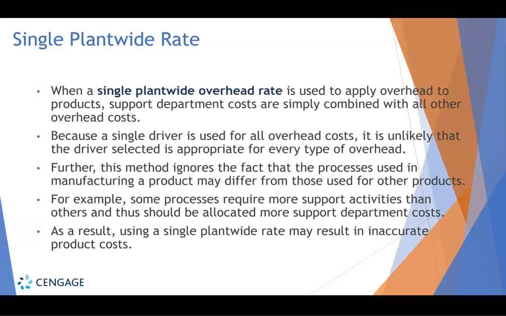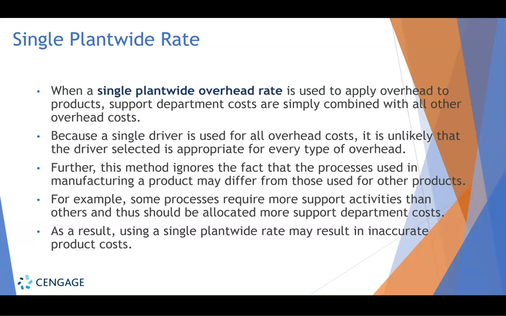When there's a single driver used, it's not very likely that the driver selected is appropriate for every type of overhead. And using the single plant-wide rate ignores the fact that the processes used in manufacturing a product might be different from those used for other products. So some processes require more support activities than others would, and they should be allocated more support department costs.